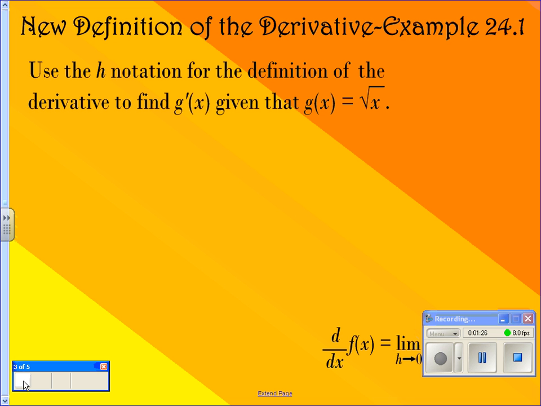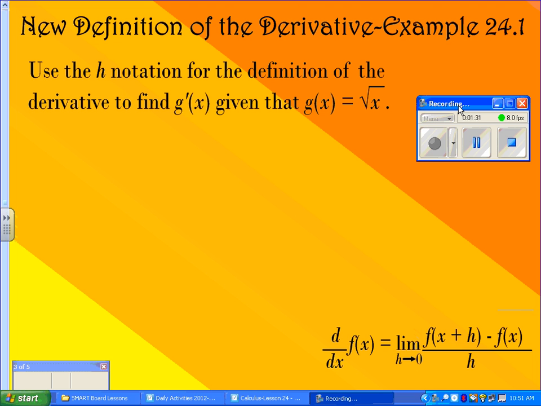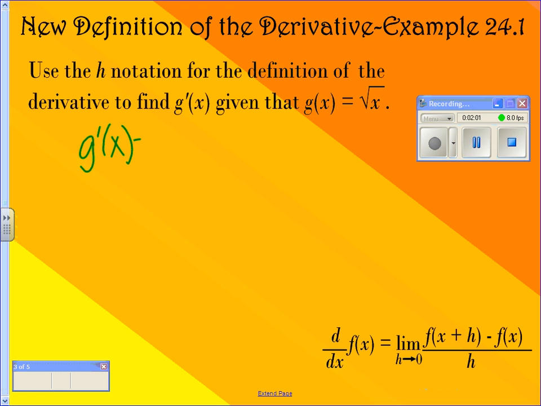Say g of x is the square root of x. It's another form. There were two people that made calculus. One used delta x, and one used h. All right, so g prime of x.